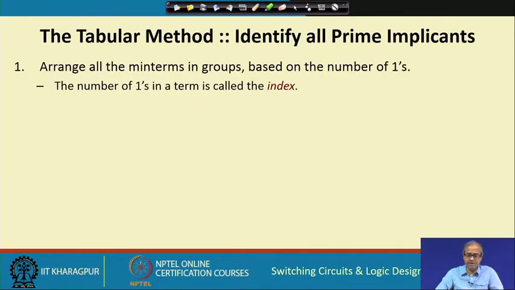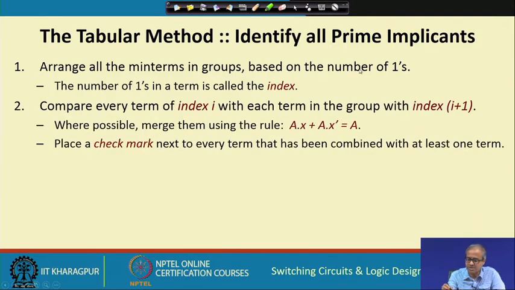So, the steps of the tabular method, broadly the first step, that means identification of the prime implicants. There are 3 steps. First is that we identify all the true min terms in groups based on the number of ones in the min terms, and the number of ones in the min terms is called the index.